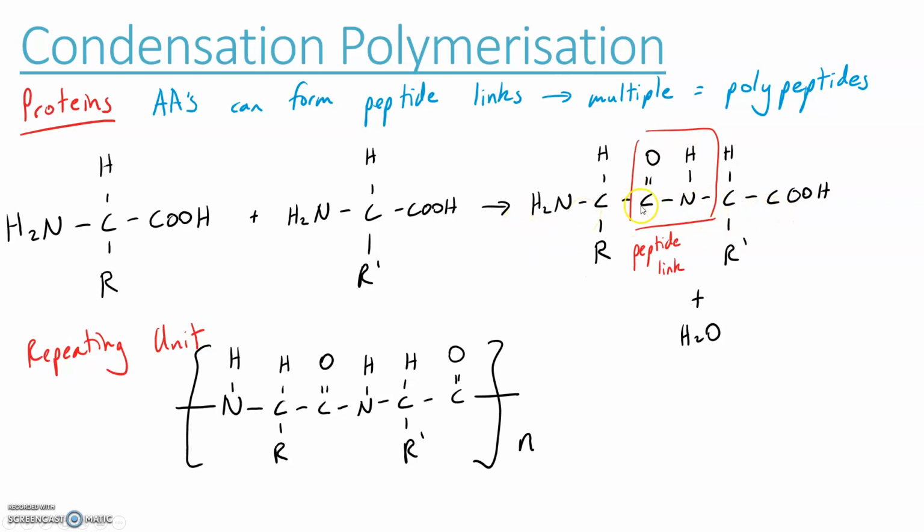And then if we were to make a long chain of those, which is what we're showing down here, we would take out one hydrogen from here and an OH from this end, and that would be our repeating unit. So that's what we see here. We start with our NH, and then we end with our CO over here on the right, and that would repeat again and again. And that is an example of a protein. So that's proteins forming from amino acids joining together.